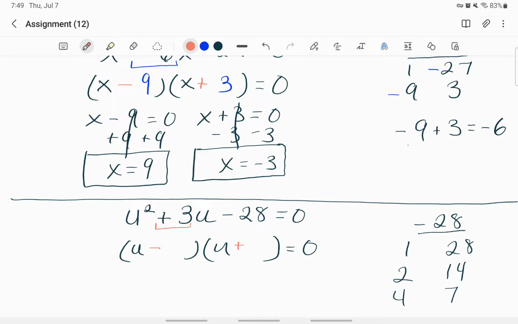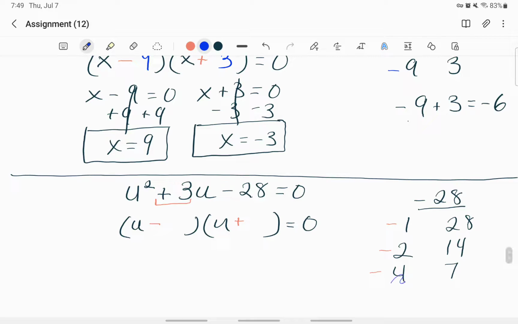The smaller number will be negative. So 28 will remain positive. The 1 becomes negative. 14 will remain positive. The 2 will become negative. 7 will remain positive. The 4 will become negative.